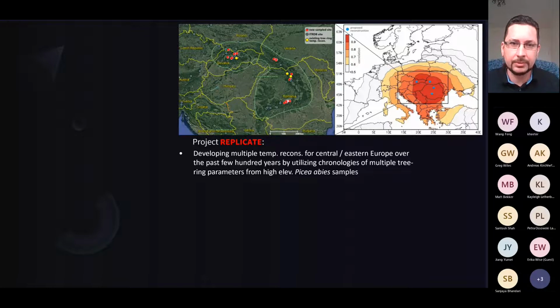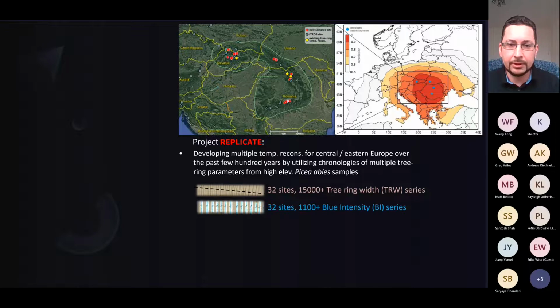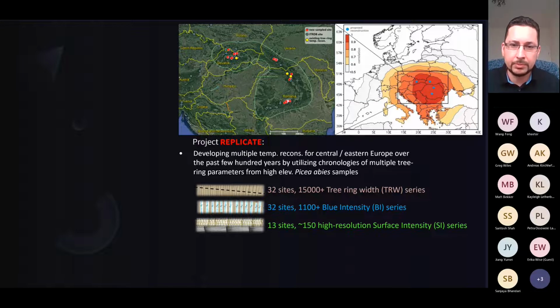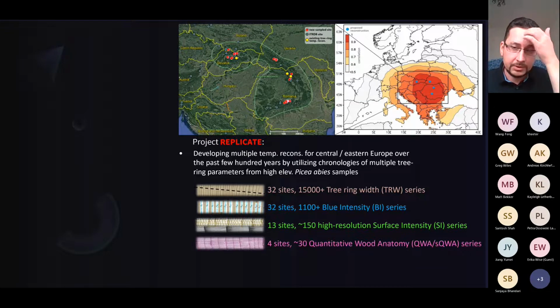I'll give a few examples based on some samples that we processed as part of the Replicate project, using Norway spruce samples from high elevation. Our focus in this project is to use ring width, a large number of blue intensity sites, this new surface intensity parameter from multiple sites, and also quantitative wood anatomical data from several sites.